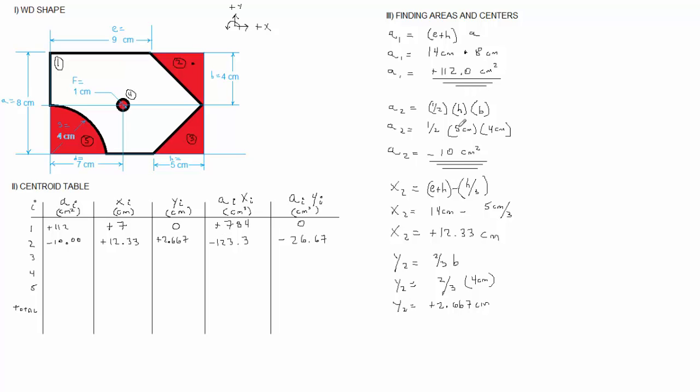The third shape is also a triangle with the same height and base. Its x-bar location is in exactly the same place. Its y-bar, however, now is below the x-axis. So y3 is going to be, now remember, it's 1/3 of the way away from the side with the right angle, which means it's this total distance divided by 3, but if we're trying to measure from this axis, it would be 2/3 of that distance.